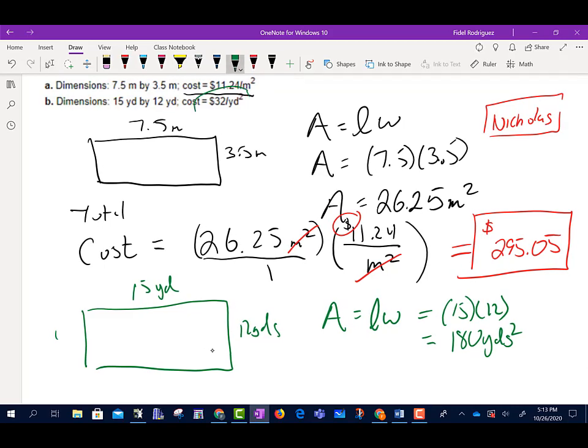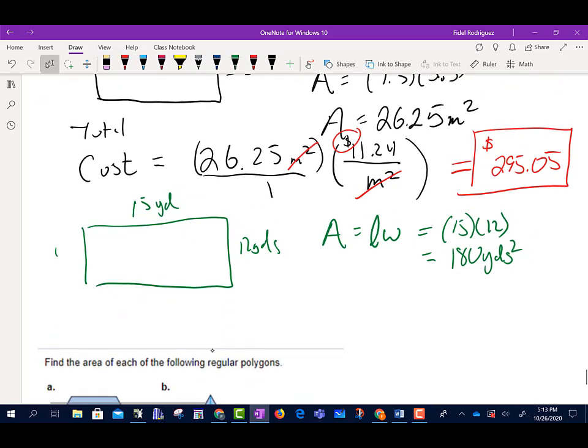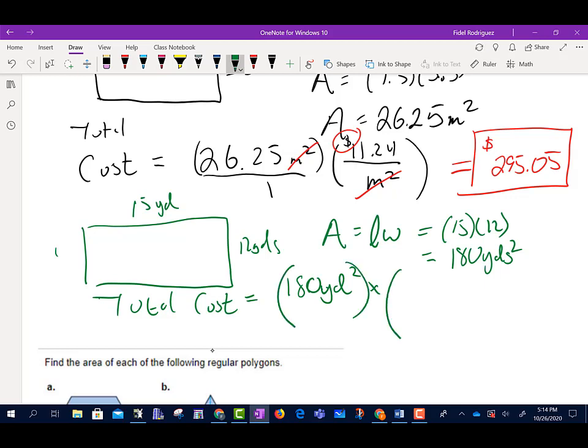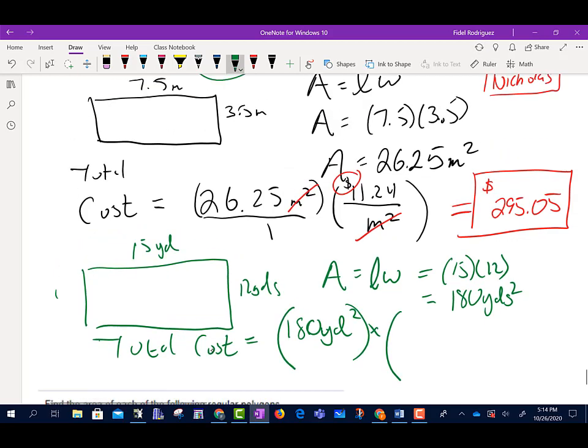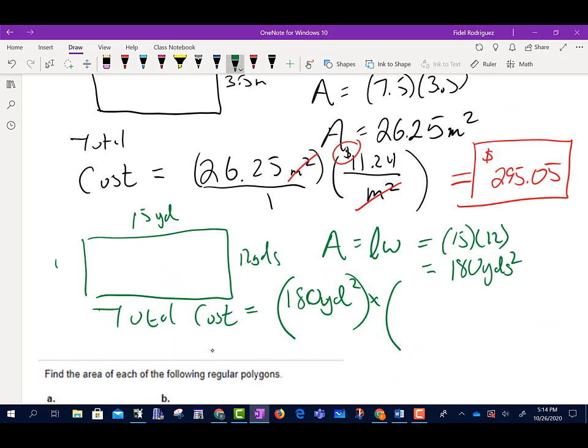The cost is $32 per square yard. Okay, so we're going to say the total cost is 180 square yards times, let's see, what did we say the cost was? $32 per square yard, right?